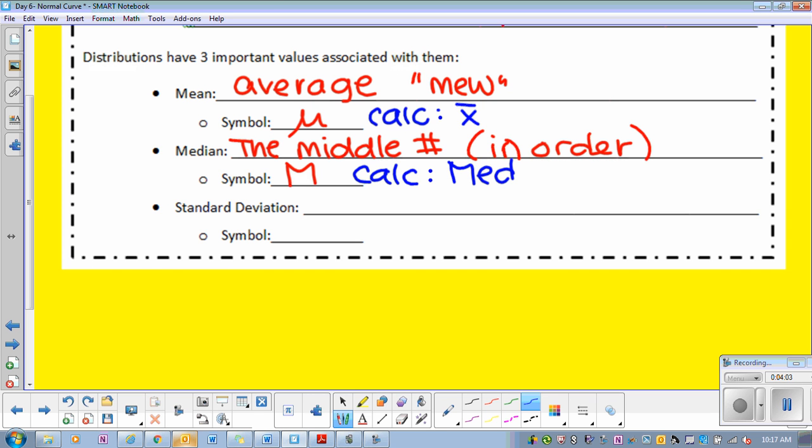So the standard deviation is the spread, or how far your points are from the mean. The spread of data from the mean.